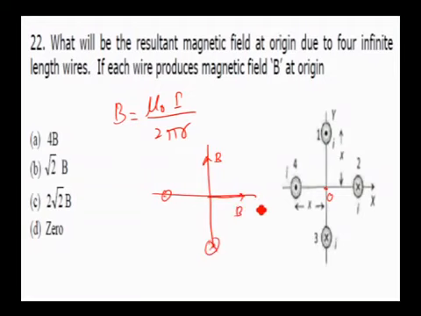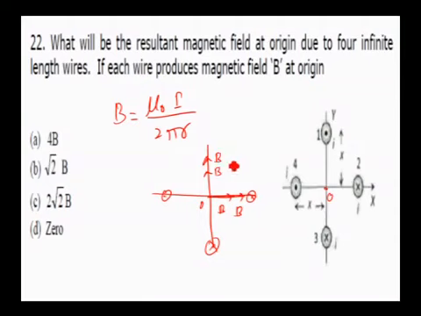You know how to find the direction of magnetic field by using the right hand thumb rule. Then the direction of magnetic field produced by this current, that is inwards, is again this direction. For that also you can use the right hand thumb rule. Then the direction of magnetic field produced by this current at the origin is this direction. So these two magnetic fields are in the upward direction, these two magnetic fields are towards right.